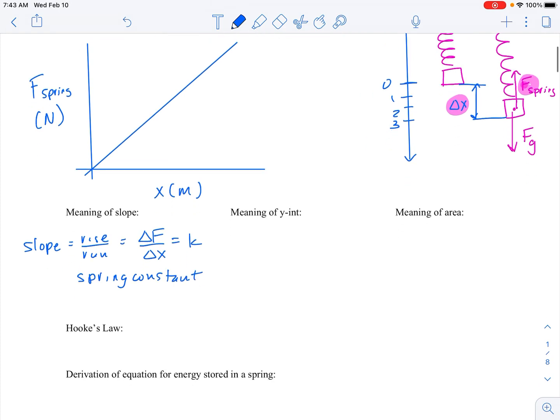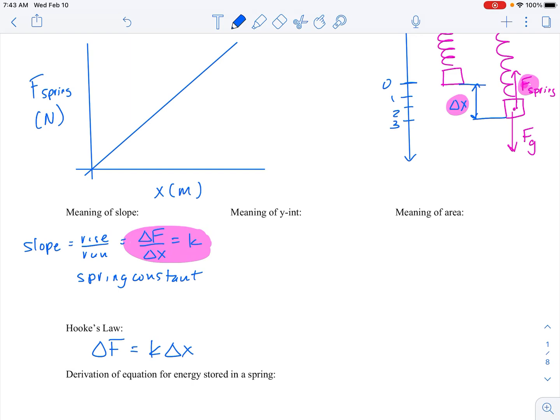In fact, I can take this slope equation and rearrange it. If I multiply both sides by delta x, then I get that the force is equal to k times change in x, or delta F equals k times delta x.